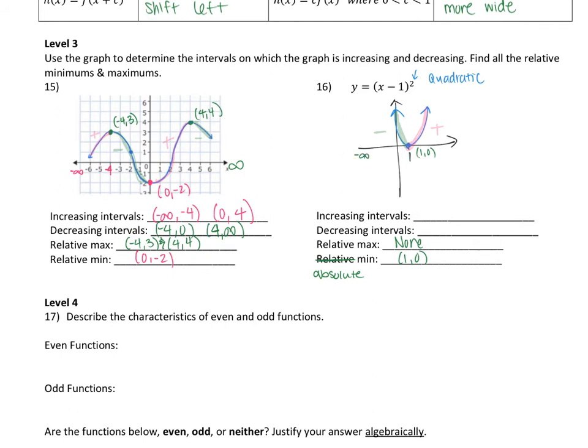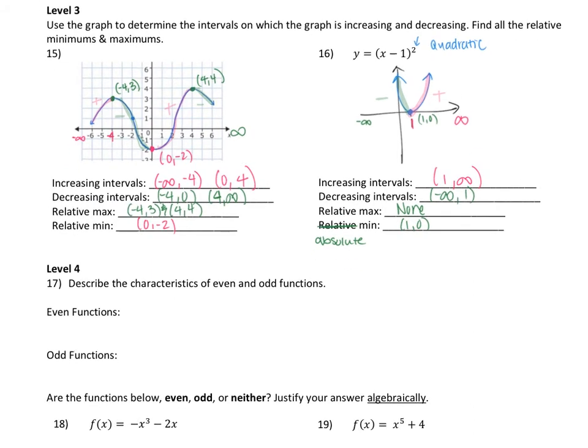Sorry, I read that in the wrong area. Should be in the decreasing area. Whereas the other side is going from 1 to positive infinity since it's shooting up with an arrow towards the right. And that's it. So that one's a relatively simpler interval.